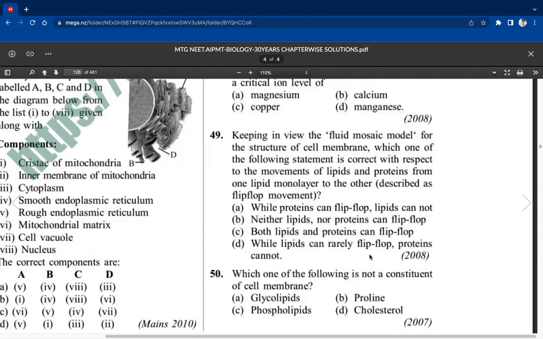Lipids can sometimes flip-flop, changing positions from the inner membrane to the outer membrane. Okay, written?